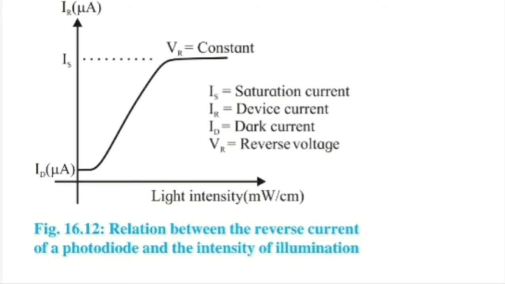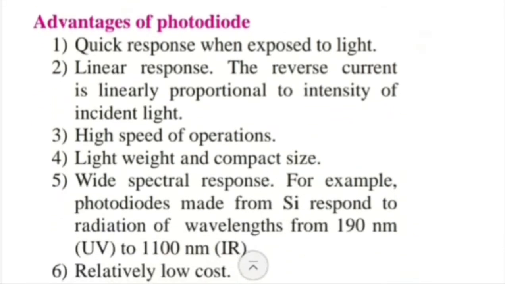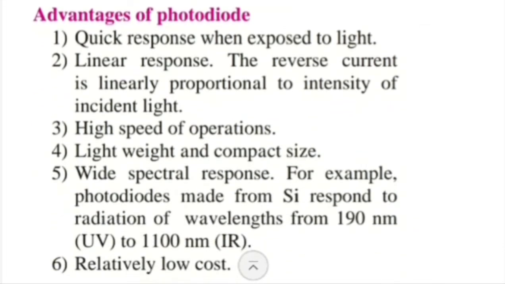That current is called saturation current. So it is the basic relation between reverse current of photodiode and the intensity of illumination of incident light. So this is the structure and working principle of photodiode.